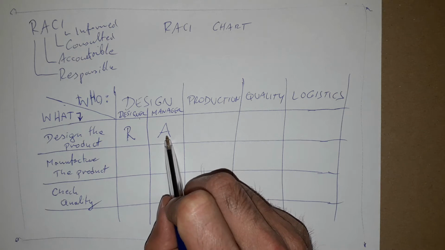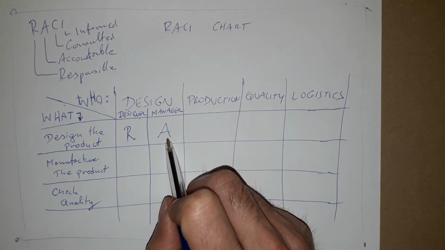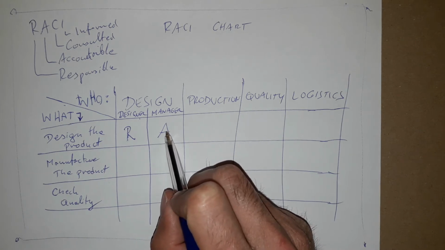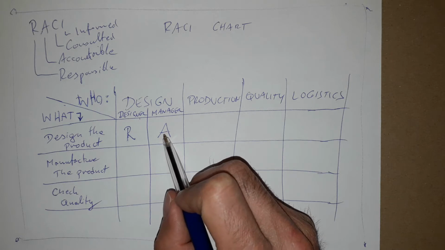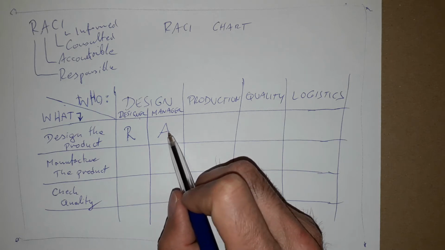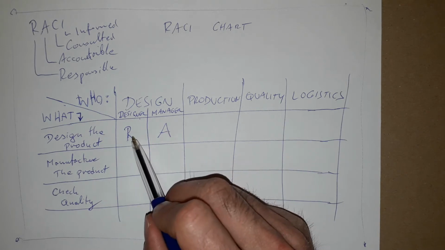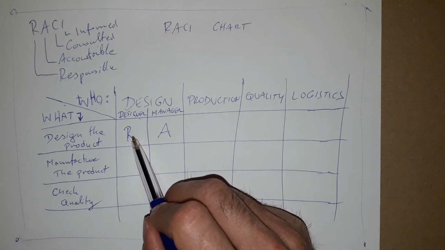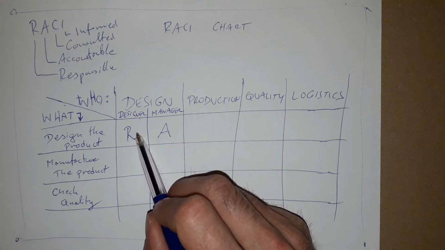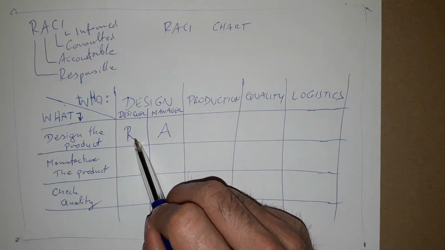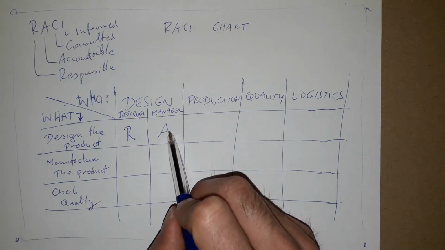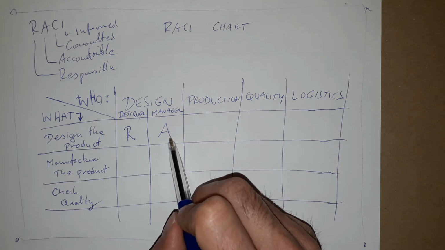So accountable person will be his manager. Because, for example, if there is an issue about the budget and somebody needs to pay, or there is a failure and this guy makes a bad design, and the design causes some additional costs, this guy will need to pay from his budget because he is accountable.